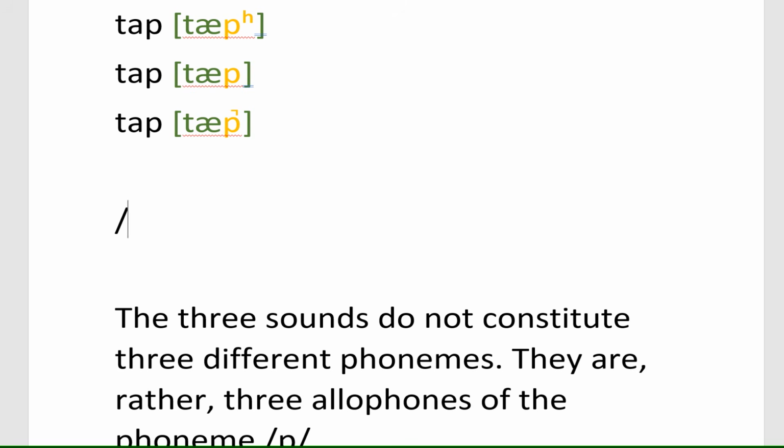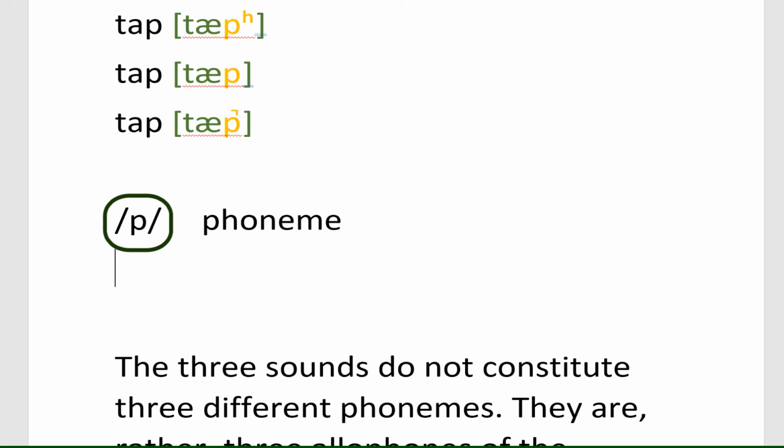Here, I introduced this notation, slash instead of square brackets, right? This slash is for phonemic transcription, for transcribing phonemes. So this one potentially could be three different allophones. This is only a mental reality. Once it's pronounced, it could be this, it could be this, or it could be this.